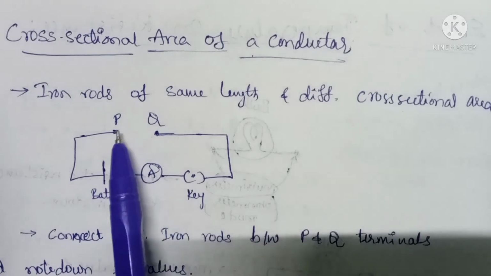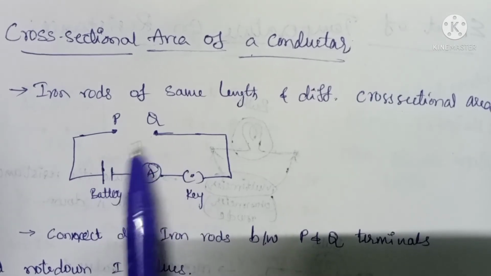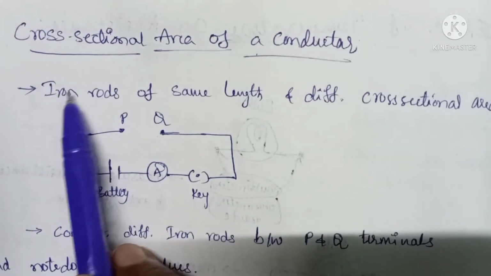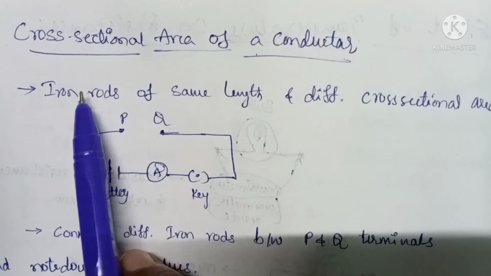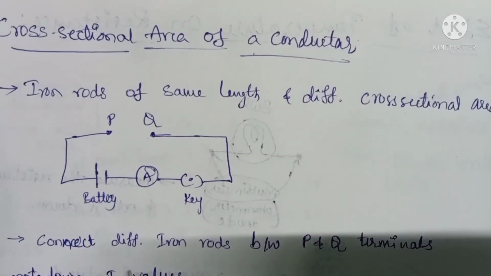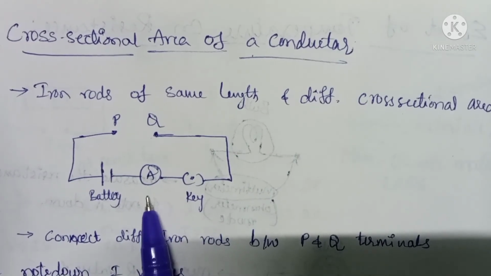Across these P and Q terminals, connect rods of different cross-sectional area and note down the values of current for each case.